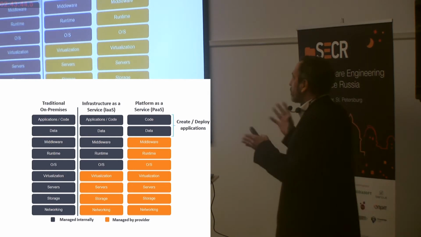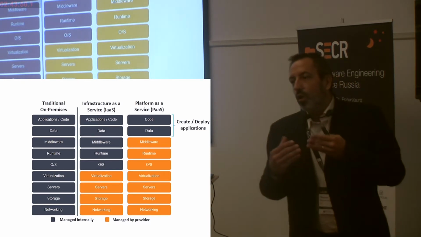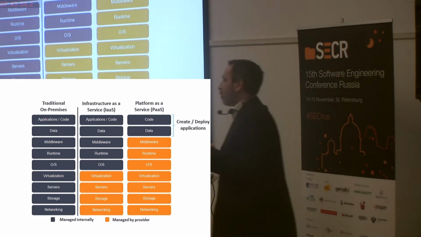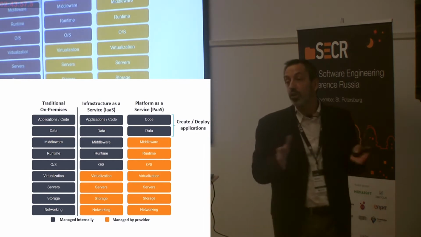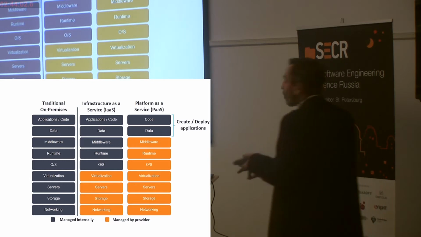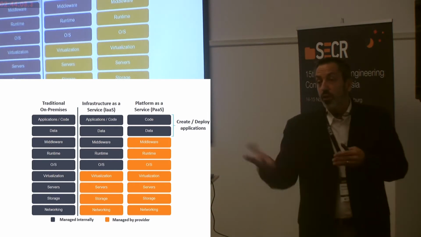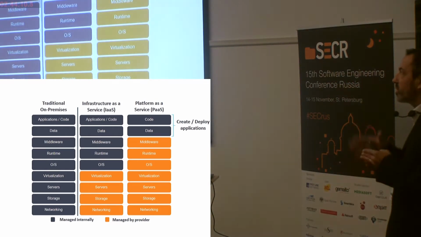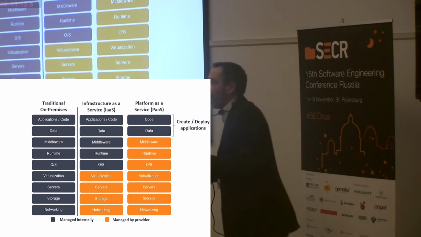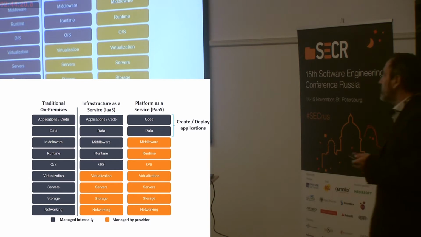So we have a shift from software as a service to platform as a service, meaning that for a developer, for an operator, it could be really useful to have a set of predefined environments based on your need, based on your favorite language, based on your favorite application server, ready to be used in a few minutes for you just to create your code and deploy that code to that platform. This is what we have called platform as a service. And an example of platform as a service is Cloud Foundry. You have probably heard about it.